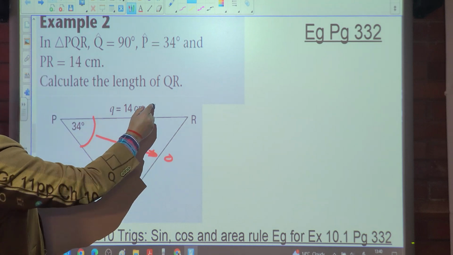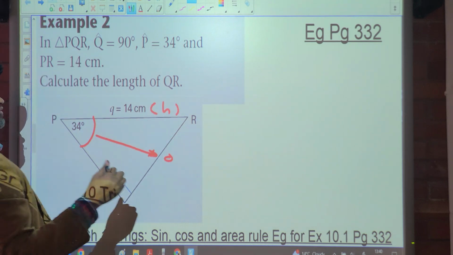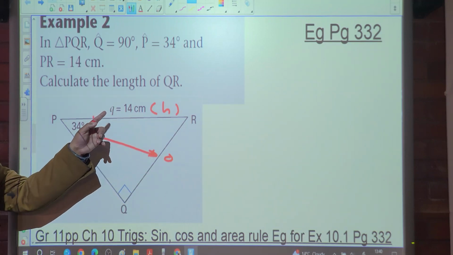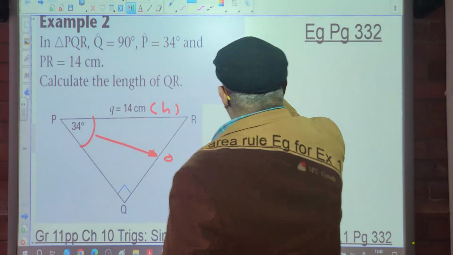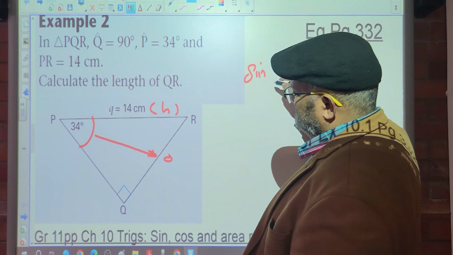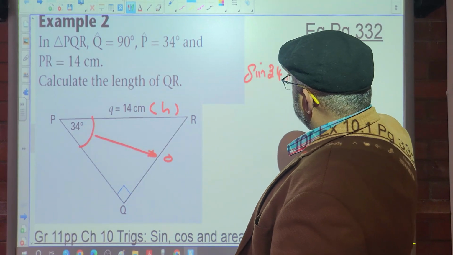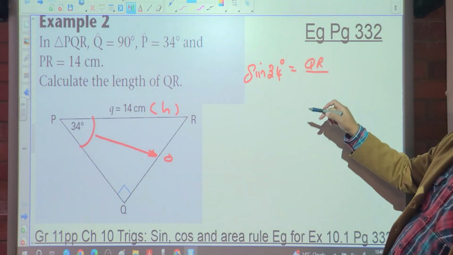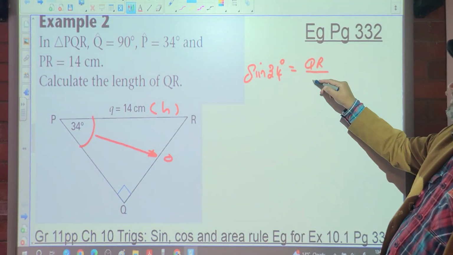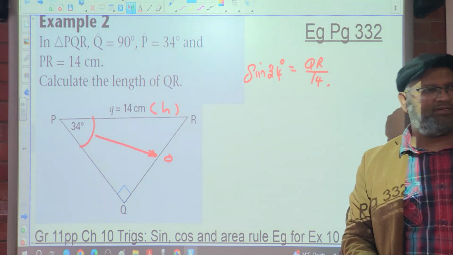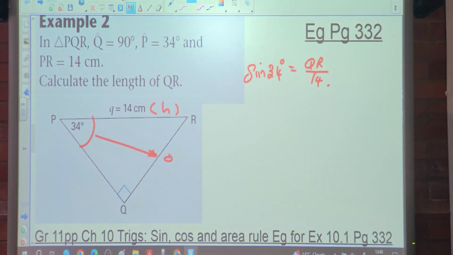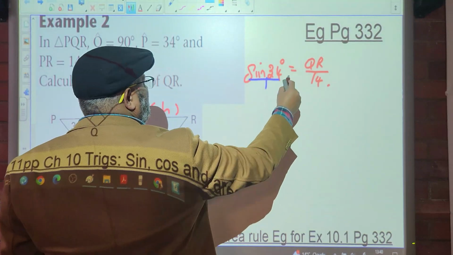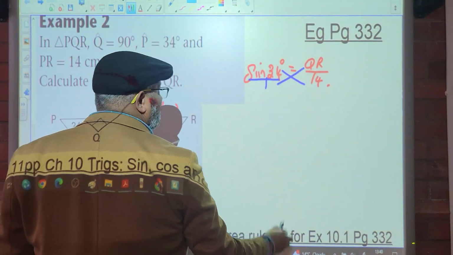So which trigonometric function uses opposite and hypotenuse? Sine. So sine of 34 degrees is equal to opposite, which is QR, over 14. So how do we solve for QR? That over 1 and then cross multiply.